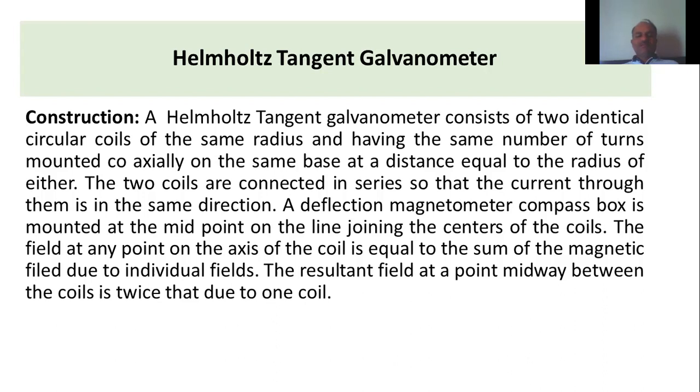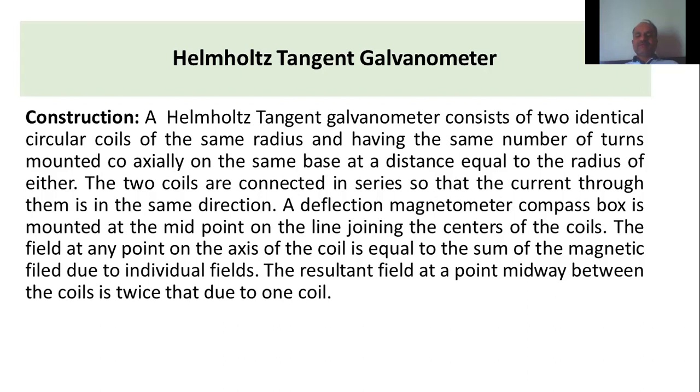coils. The field at any point on the axis of the coil is equal to the sum of the magnetic fields due to the individual coils. The resultant field at a point midway between the coils is twice that due to one coil. Therefore, what happens when there is only one coil?